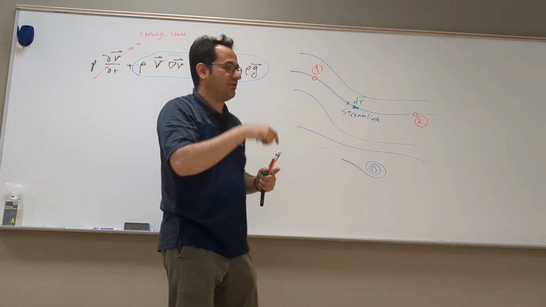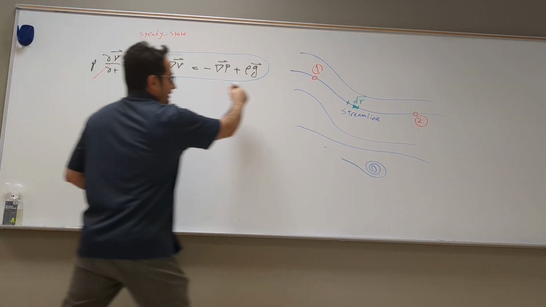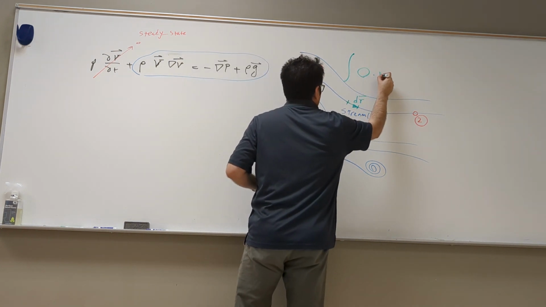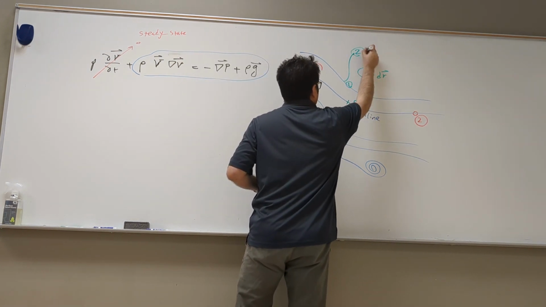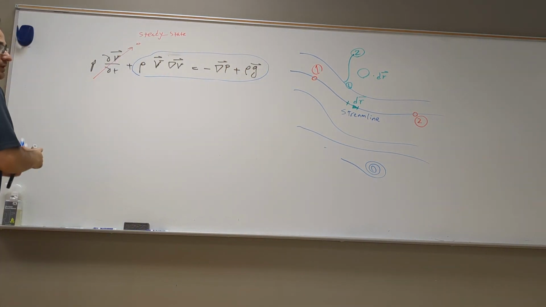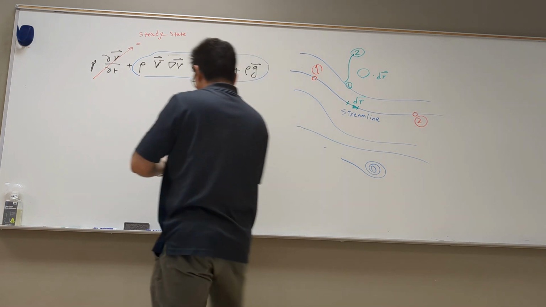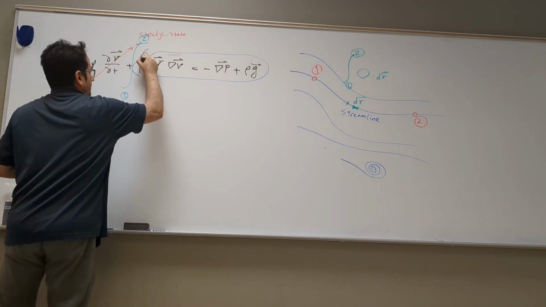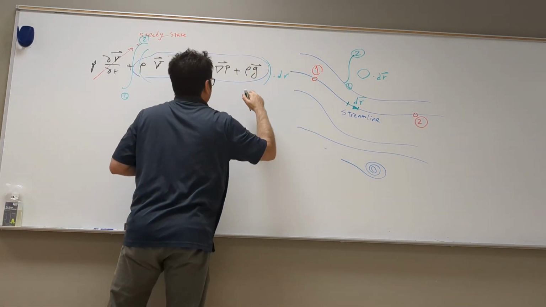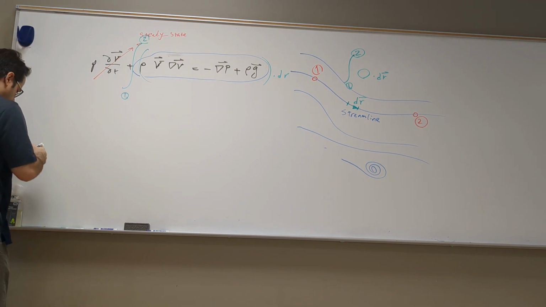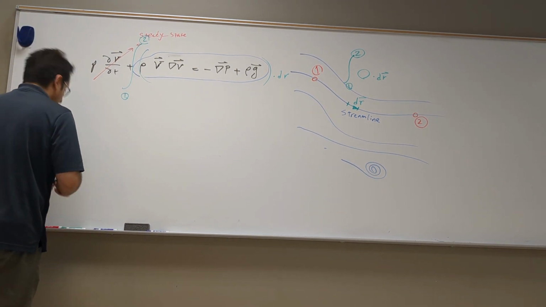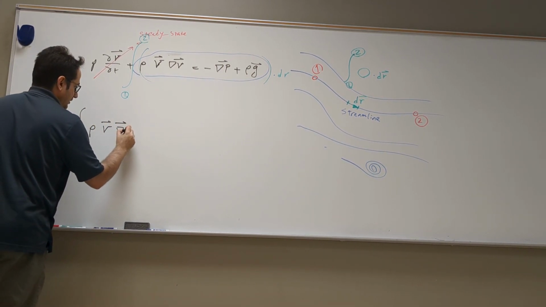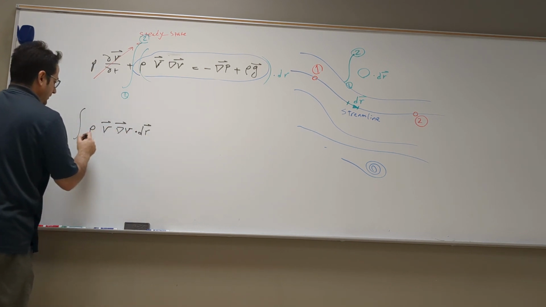If you do a line integral from 1 to 2, that means the integral of this function dot dr from 1 to 2, you can take the line integral of both sides. From the left side, you get the line integral of rho v grad v dot dr from 1 to 2.